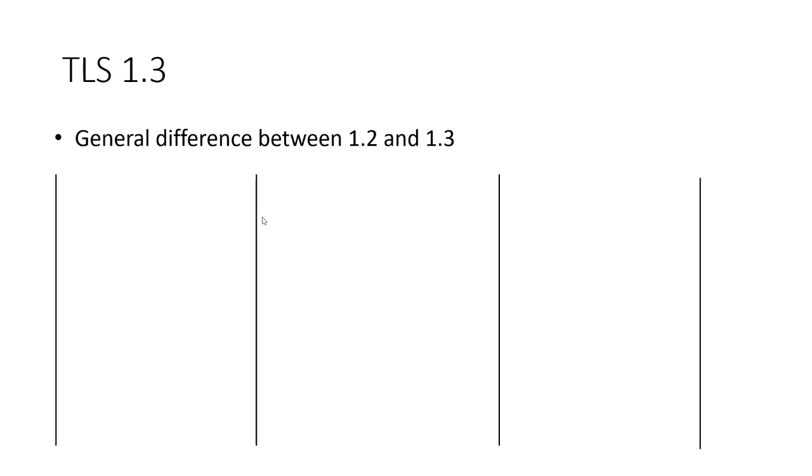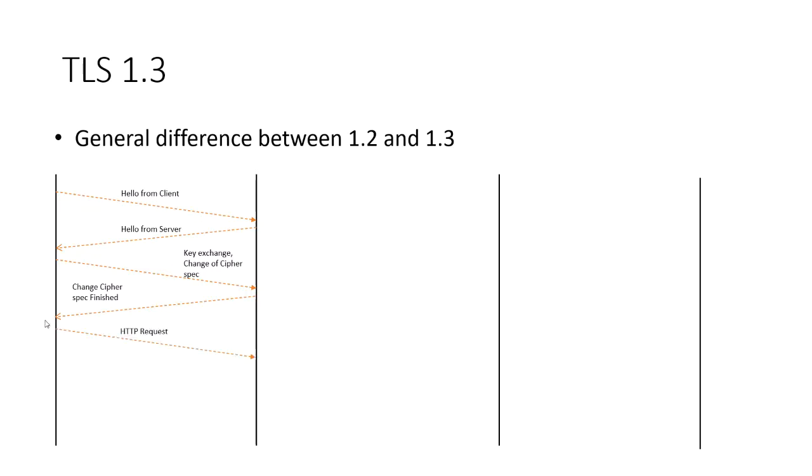Just for a difference, if someone asks how the TLS 1.2 protocol works, there would be a hello from the client, a hello from the server, then a key exchange, then the change of cipher spec in the third message, and in the fourth message the selected key exchange and the selected cipher suite would be sent back from the server to the client. Then the client does some calculation and sends the HTTP request to the server, and it gets the HTTP response back from the server.